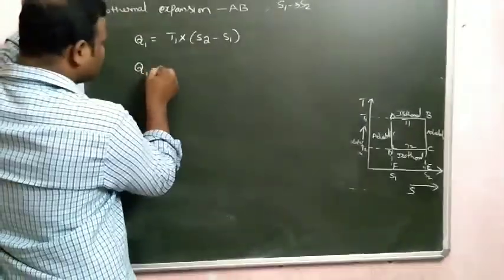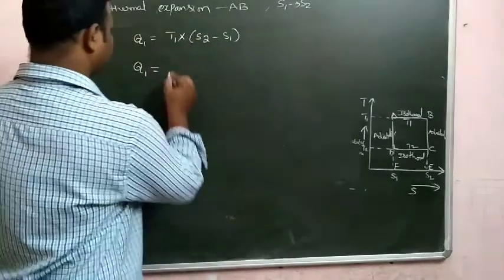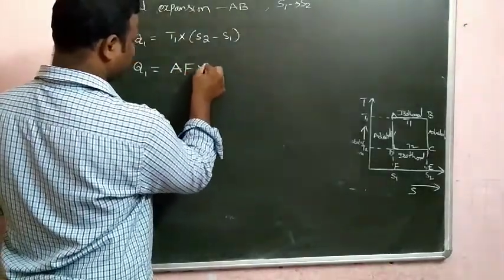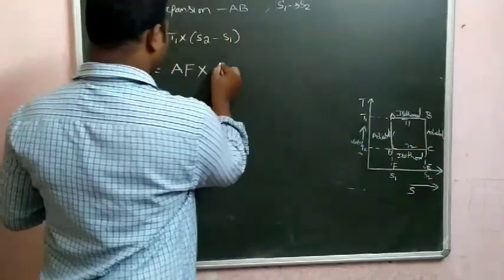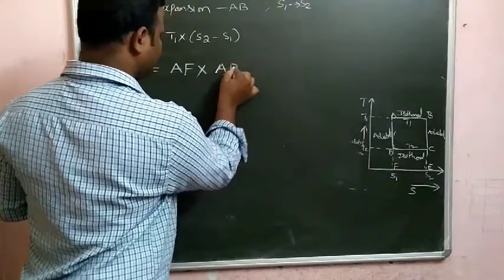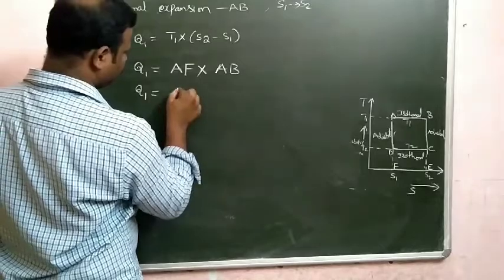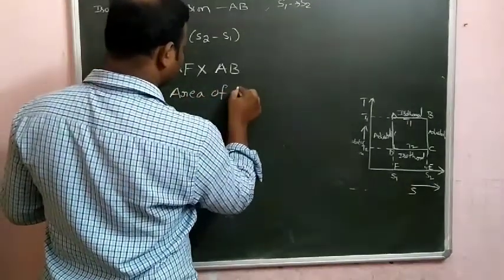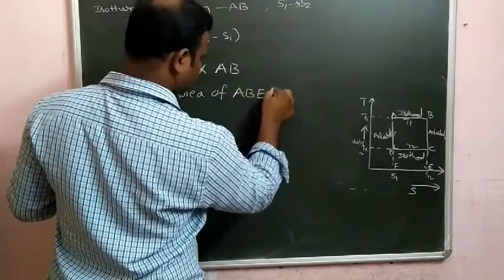Q1 equal to temperature AF into S2 minus S1, that is AB. Q1 equal to area of ABEF.